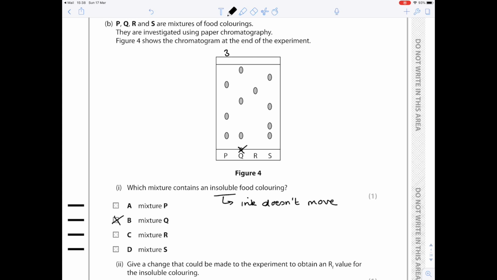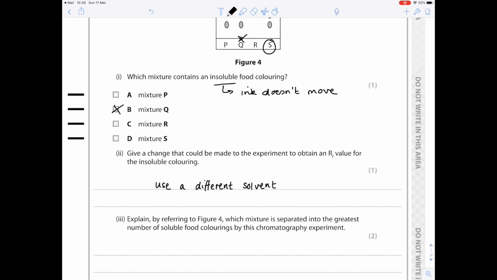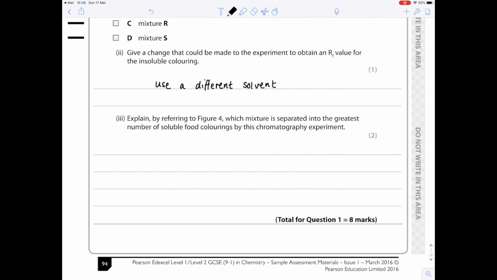So we have 3 here, 3 for Q, 1 for R, and 4 for S, so the answer here is S. So we're going to write mixture S is separated into the greatest number of soluble food colourings.